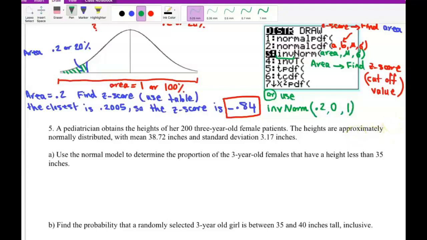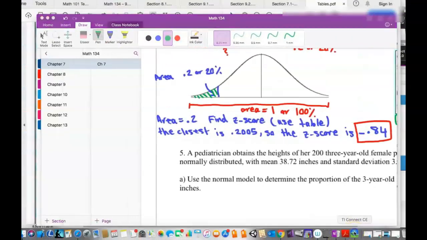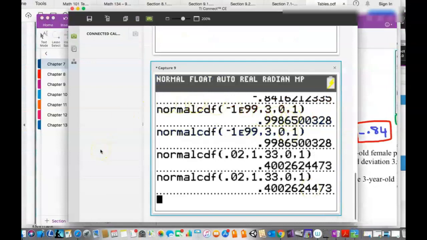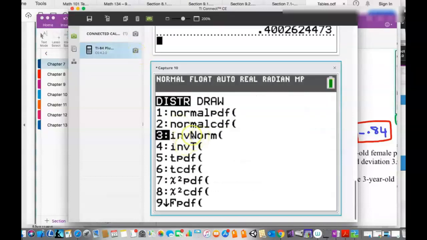Okay, so let's go back to our calculator and see what the answer is. Again, press second, then bars, then choose inverse norm, number 3.